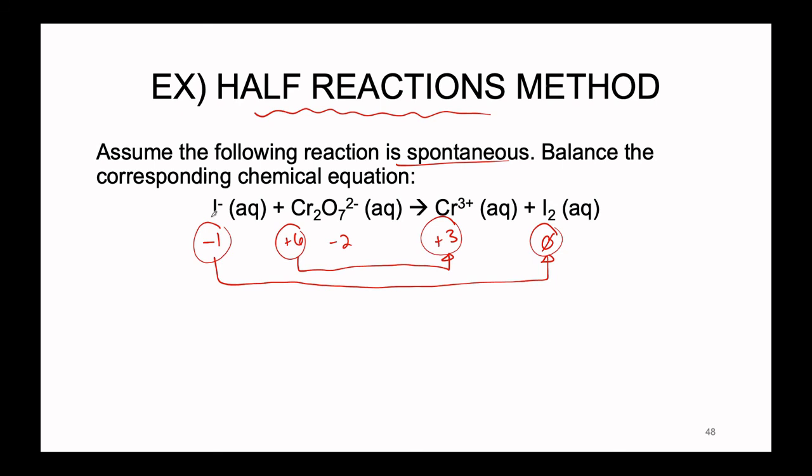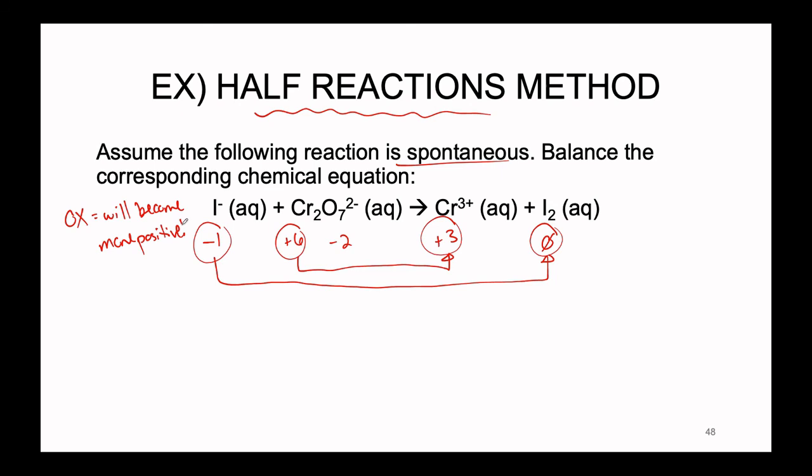The question is, which of these two species is oxidized and which is reduced? The one that is oxidized will become more positive, because by definition, something that is undergoing an oxidation reaction is losing electrons.